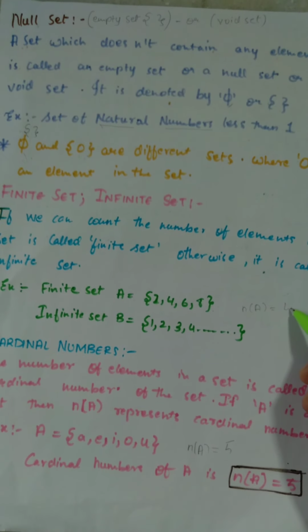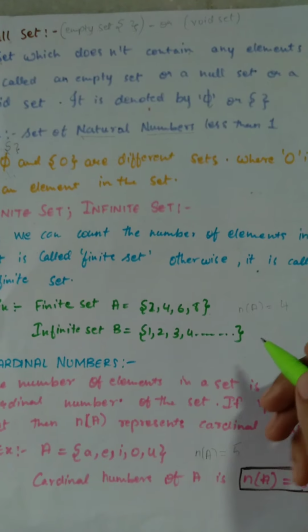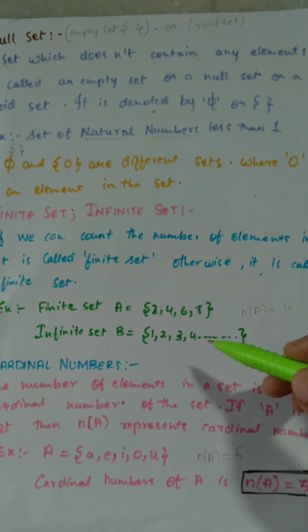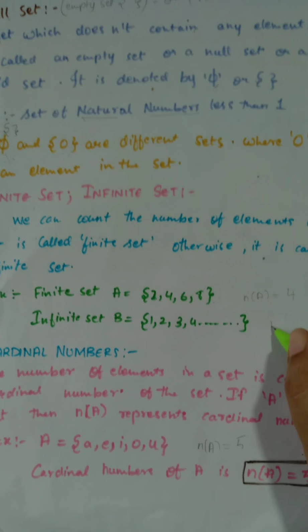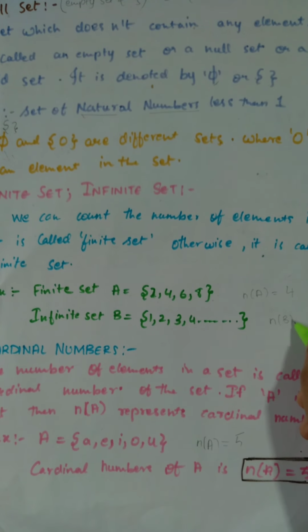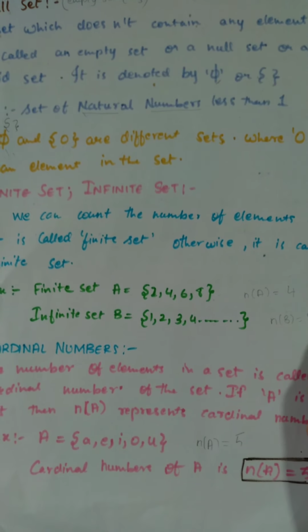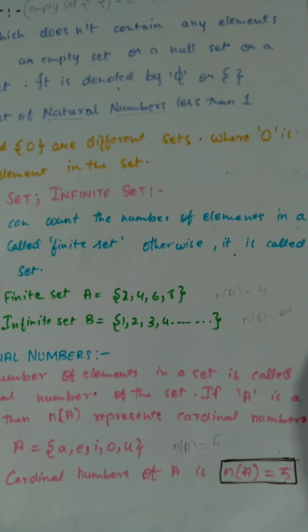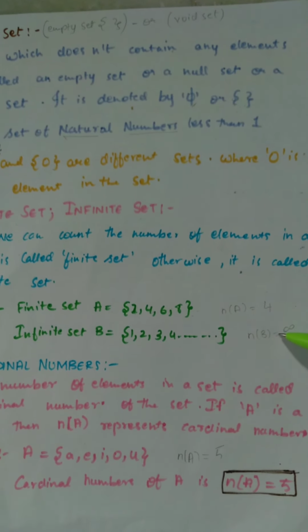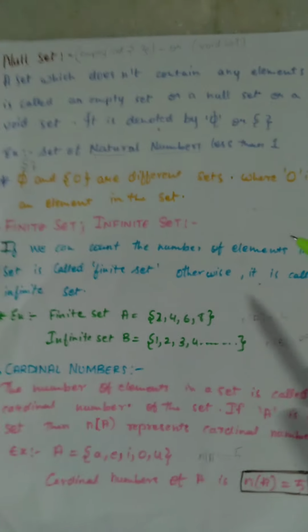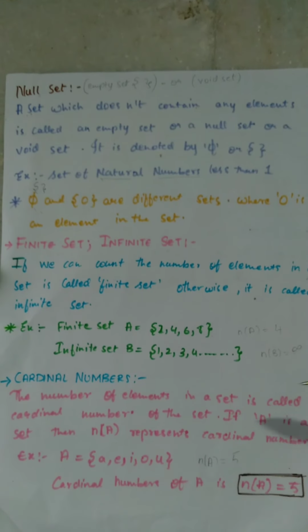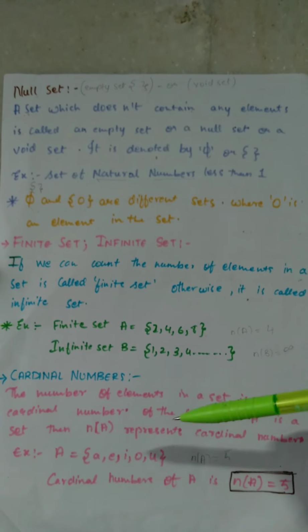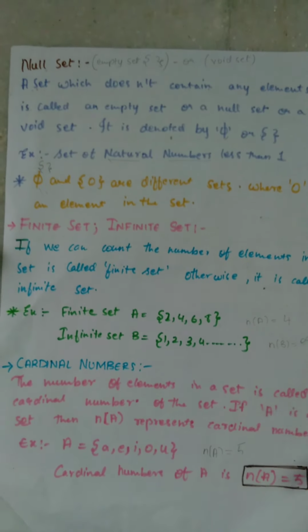So 4. How many elements are there in the infinite set? There are infinite elements, we cannot count. So n of B is equal to infinity. This is the symbol of infinity. The number of elements in a set is called the cardinal number.